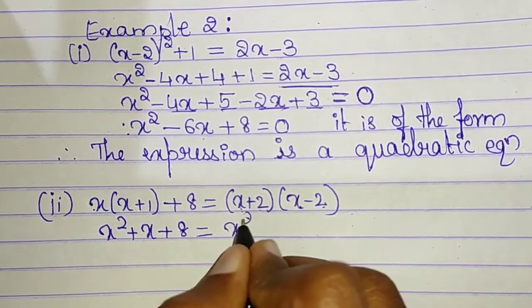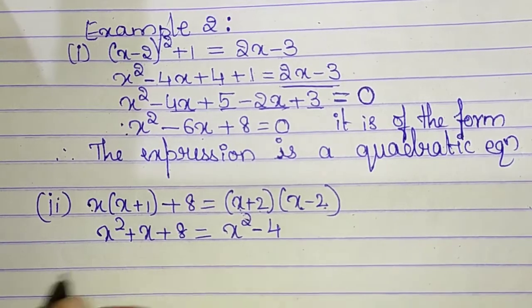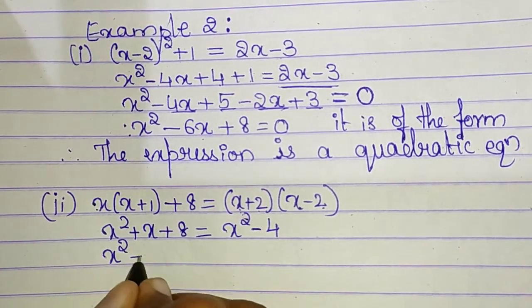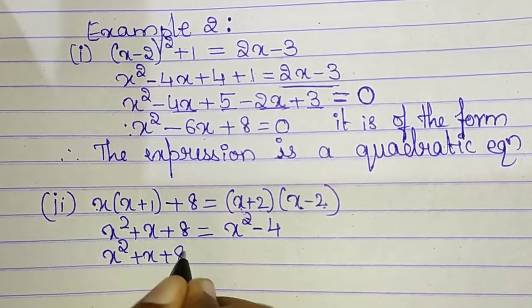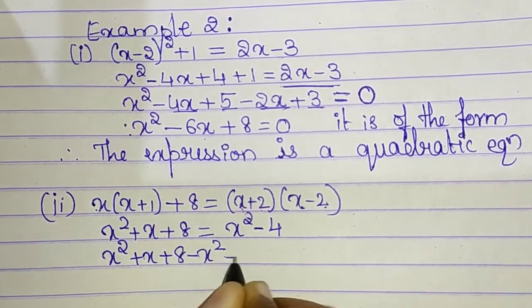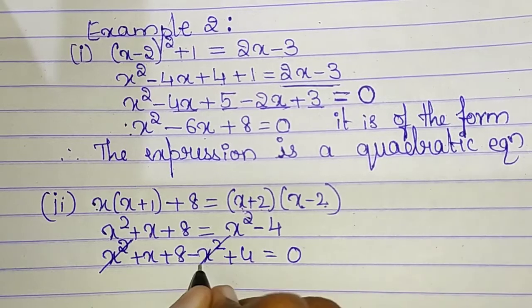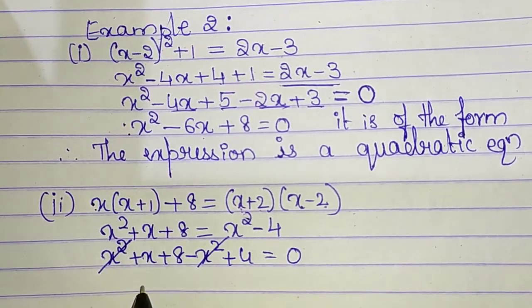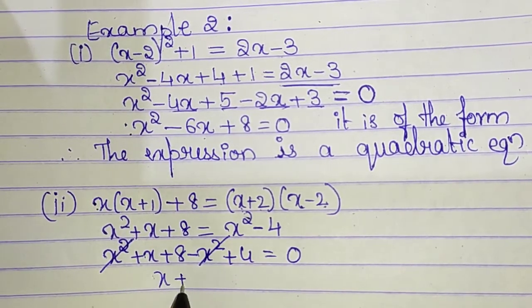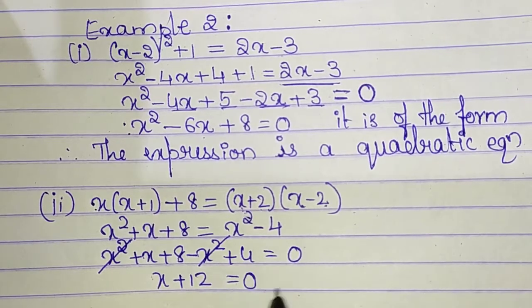So it is x square minus 4. Now transposing, x square plus x plus 8 minus x square plus 4 is equal to 0. x square minus x square cancels each other. What is remaining is x plus 12 is equal to 0.